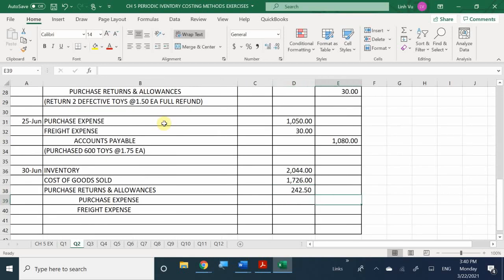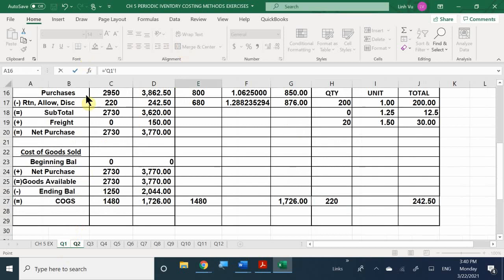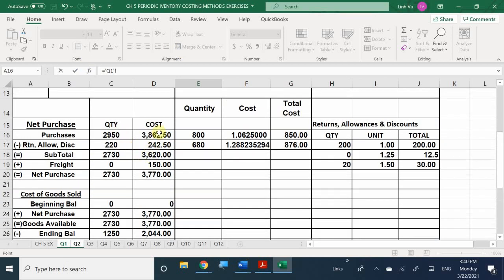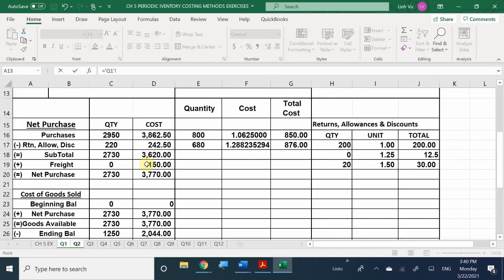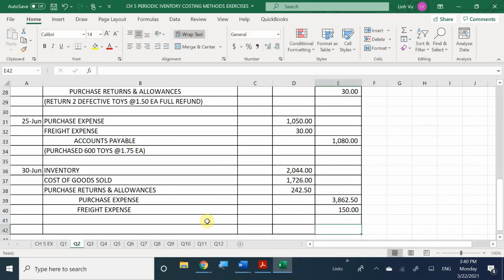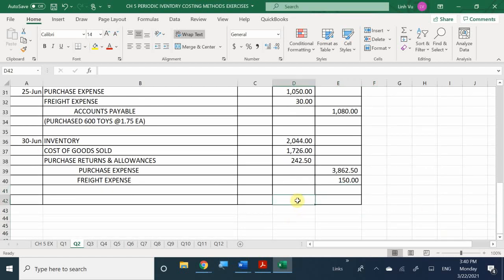What was my total purchases? $3,862.50. And what was my total freight? $150.